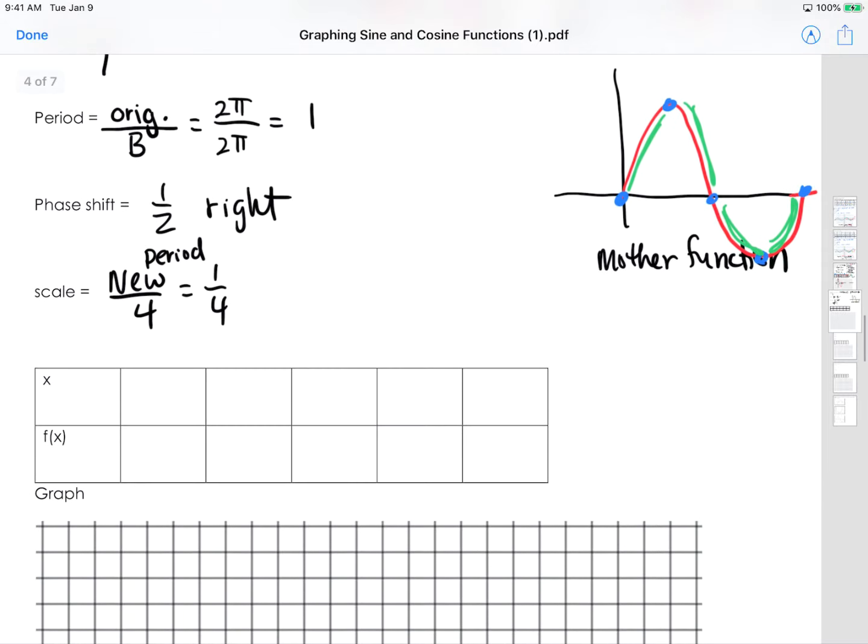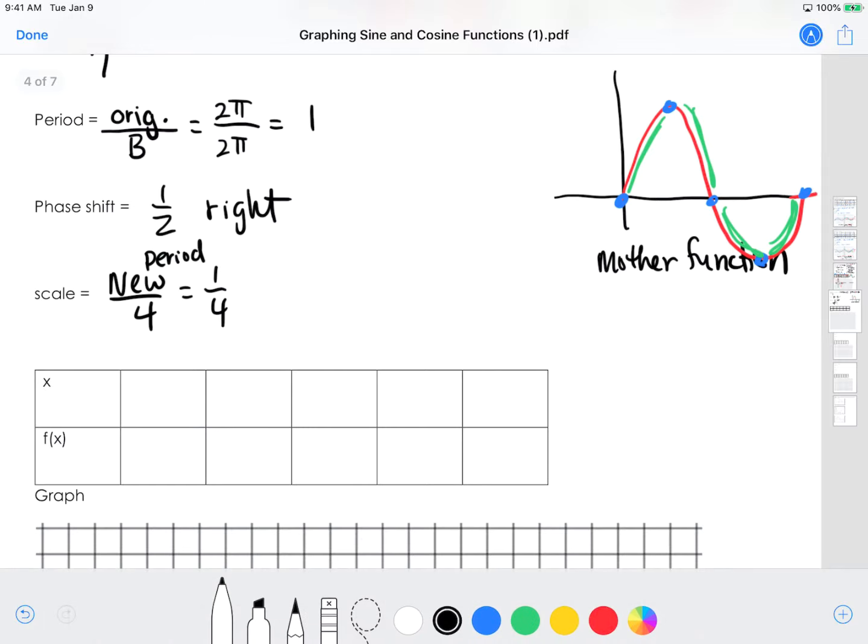Okay, so normally, when I look at my mother function, we start here at 0, 0. Because my phase shift is telling me we're pushing the whole function 1/2 to the right, instead of starting at 0, we're going to start at 1/2. And then I have to keep adding 1/4 because my scale is 1/4.